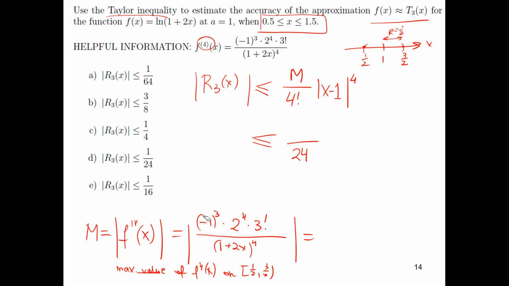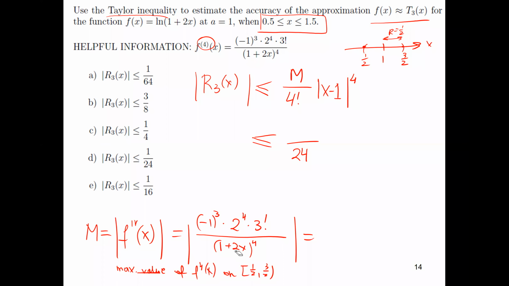And now, in order to maximize this number, what value of x shall I pick from my interval? Okay, we can see my x in the formula is placed in the denominator. In order to maximize a fraction, I have to minimize the denominator. I mean, this will become 1. This is 16. 3 factorial is 1 times 2 times 3 is 6.